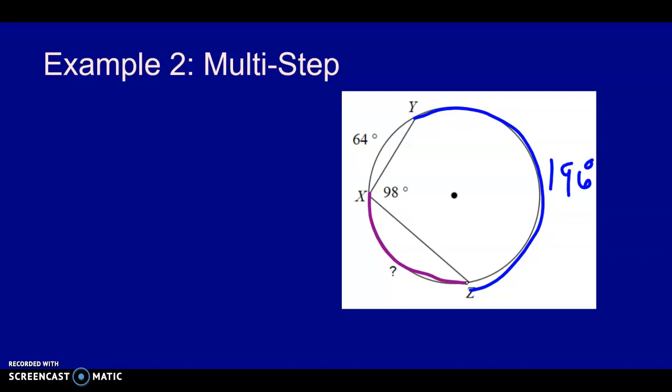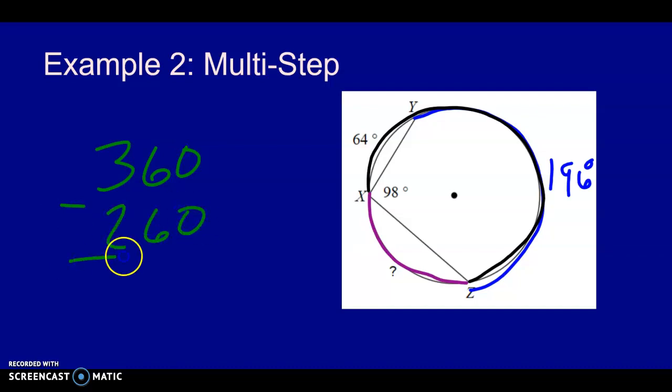I have a 64-degree arc, and a 196-degree arc. If I add these two arcs together, I would get 260 degrees. So in order to find our question mark, we take the 360, the total circle, and subtract the arcs we already know. I know 260 degrees of it, which means that arc question mark must measure 100 degrees. All right, so this is indirect measurement.